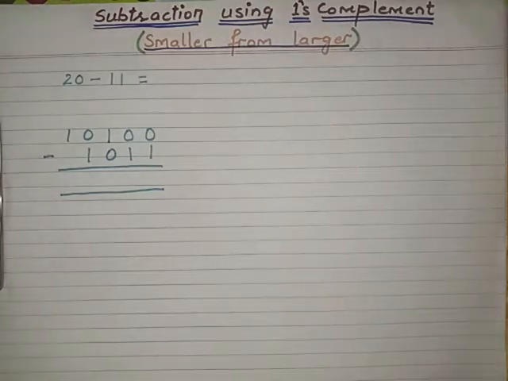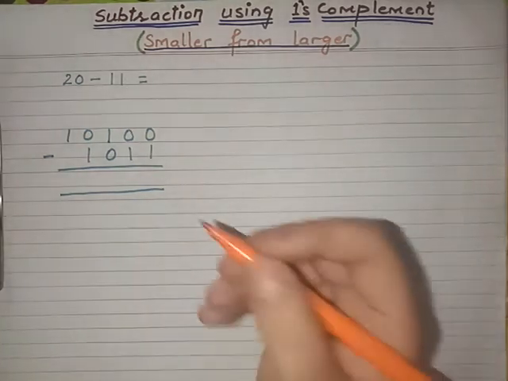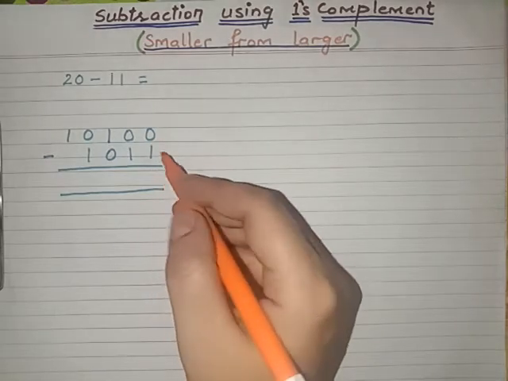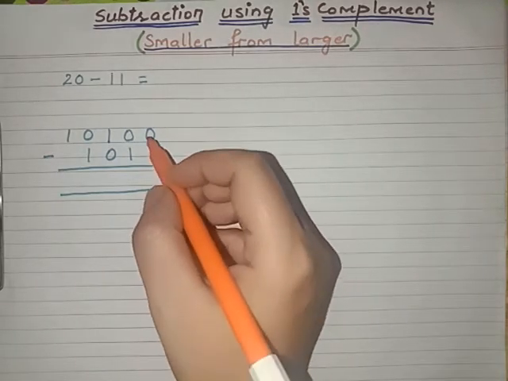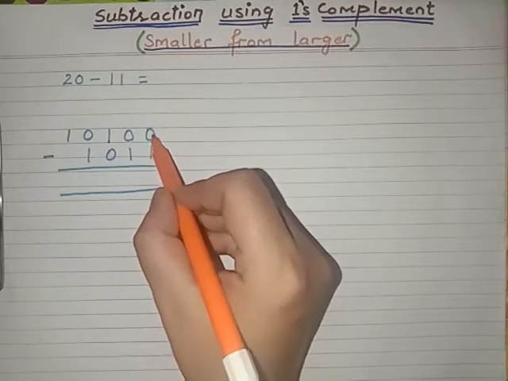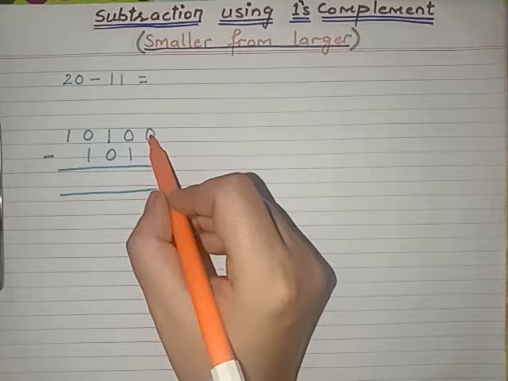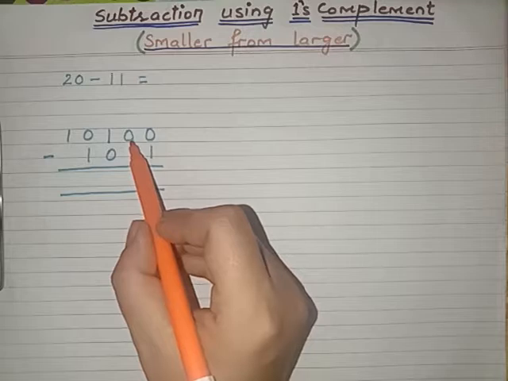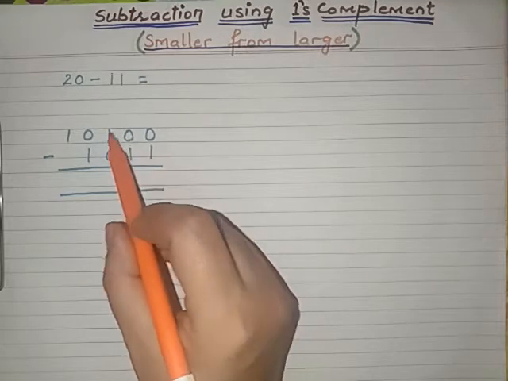So first of all, we will be subtracting these two binary numbers by a simple subtraction method. How will the subtraction be done? We have to subtract this 1 from this 0. That means we have to take a borrow from the next digit, and here you can see it's already 0, so we have to take the borrow from the next digit.